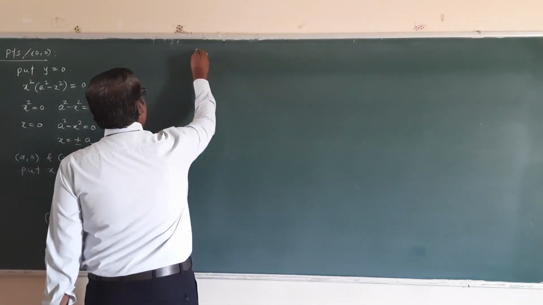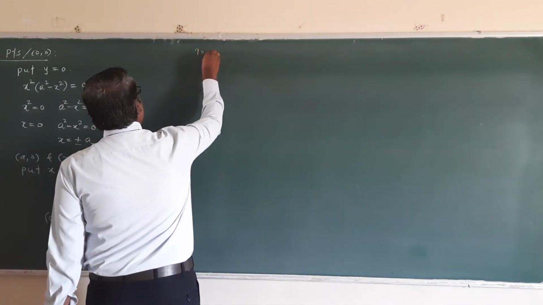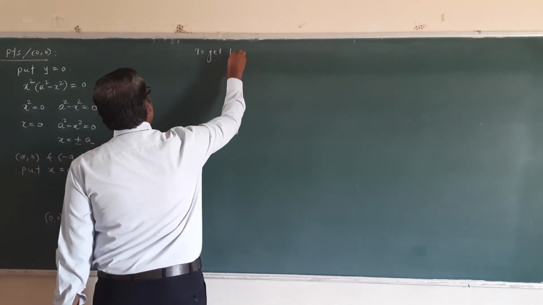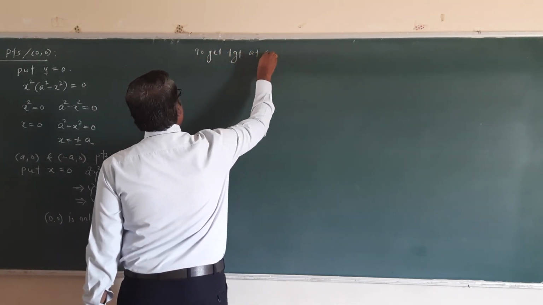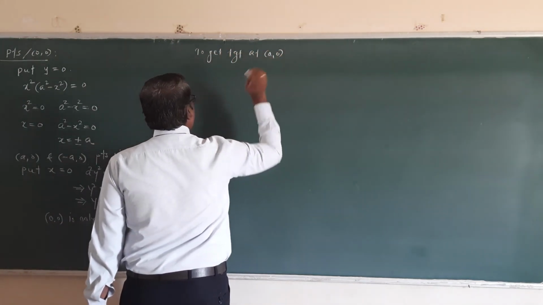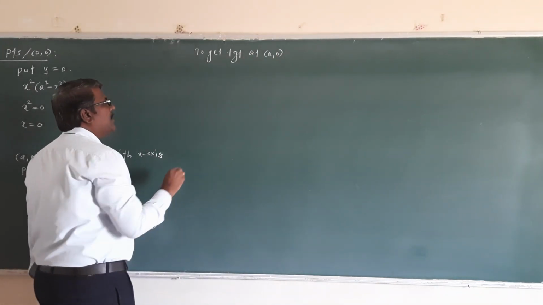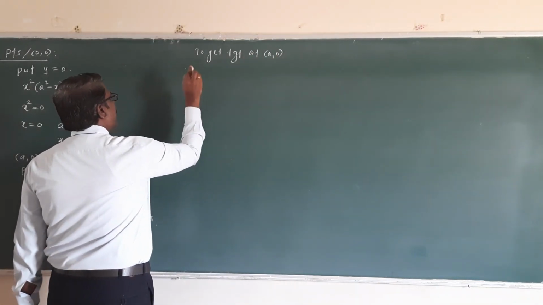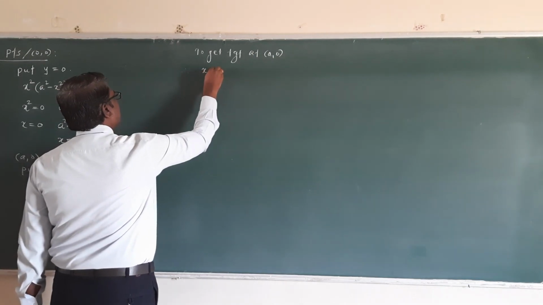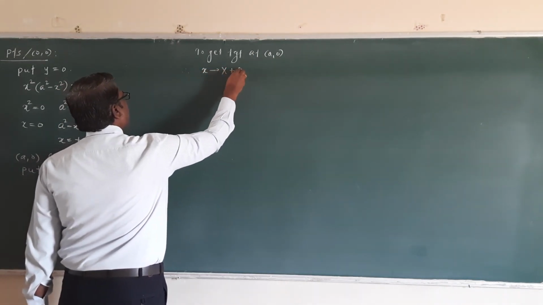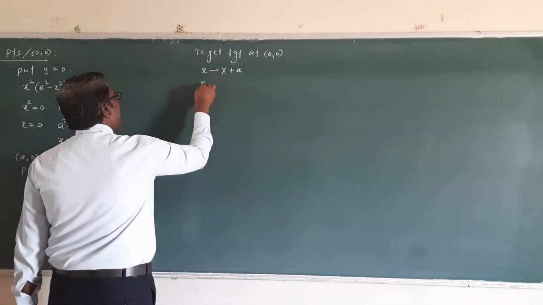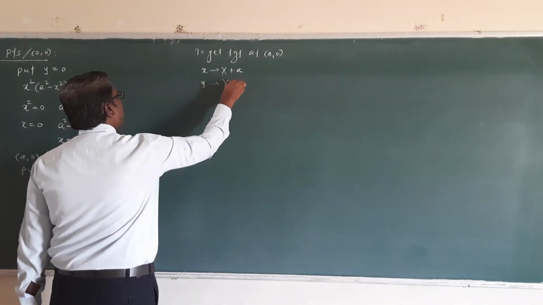So to get tangent at (a, 0), we use shift of origin. Therefore the transformations are x → x + a and y → y + 0.